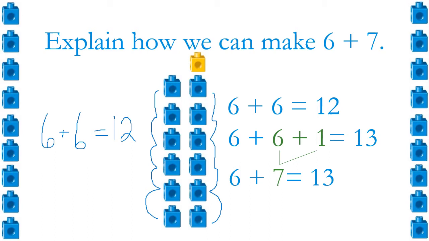We could count all of these up and come up with 13. Why did we do it quickly? Because we know our doubles fact is 6 plus 6 equals 12, and we just added one more to it. So you see, any of these strategies that you want to use are fine. They all work. Okay, let's move on.